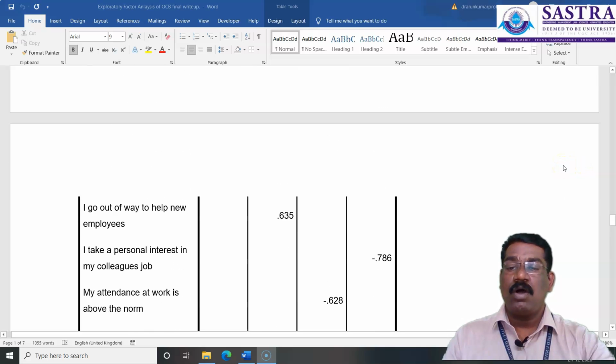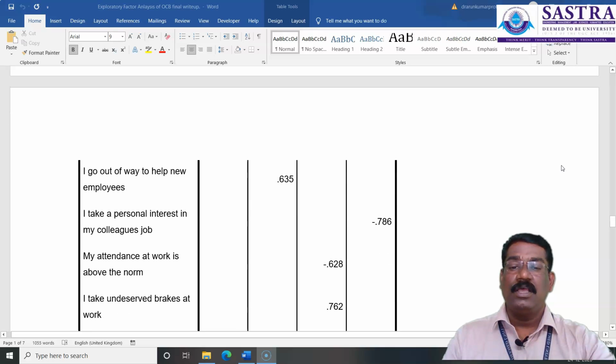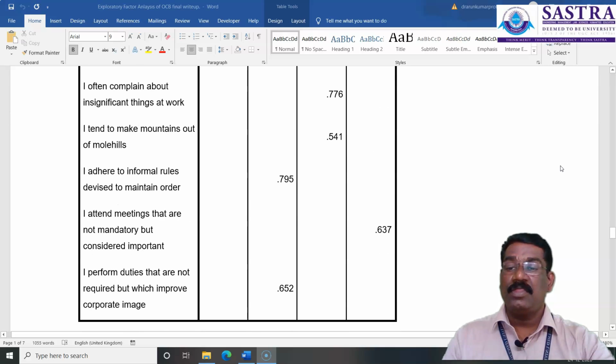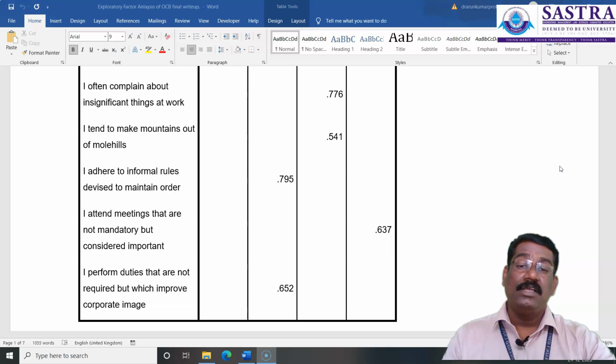And the variable I go out of my way to help new employees got loaded in the second factor, and I adhere to informal rules devised to maintain order also got loaded in the second factor, and similarly, I perform duties that are not required but which improve corporate image, which got loaded in the second factor.